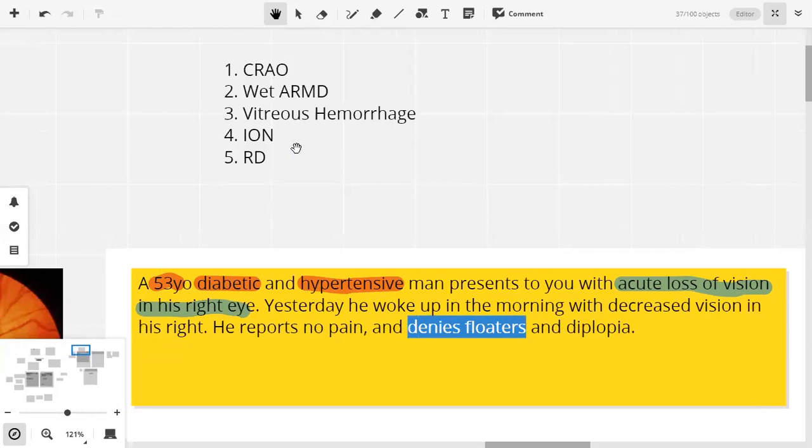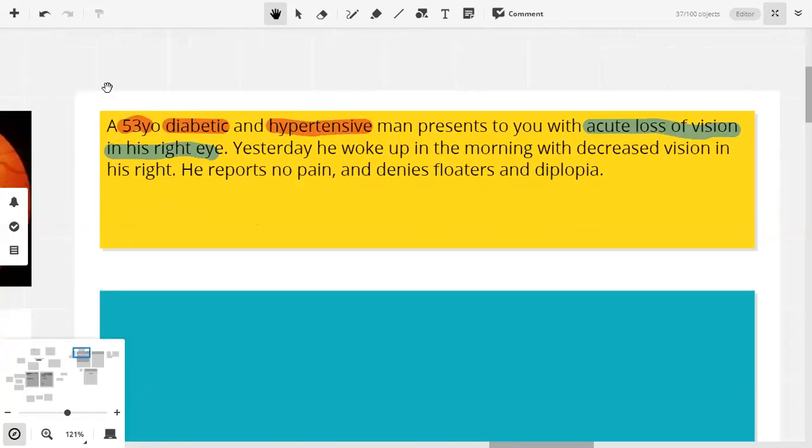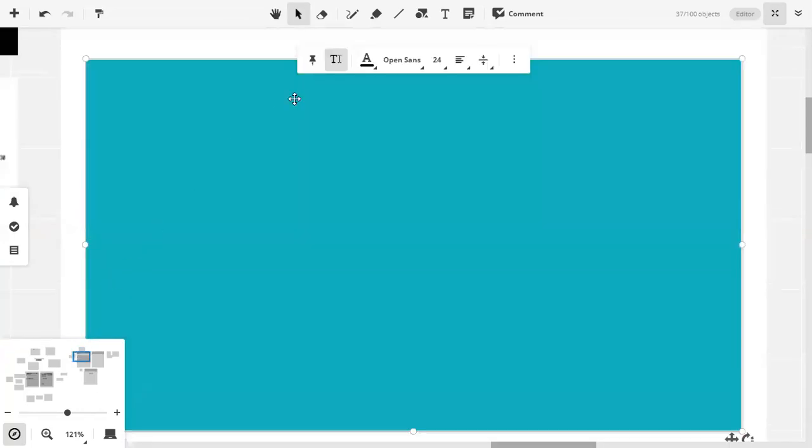He denies floaters, that is, something coming in front of his eye or his visual field, something floating when he looks at a blank area, like the sky or a white wall. So vitreous hemorrhage and RD become a bit unlikely, but we cannot rule them out still. We need to do investigations. We need to examine the patient. So let's work up our patient profile.